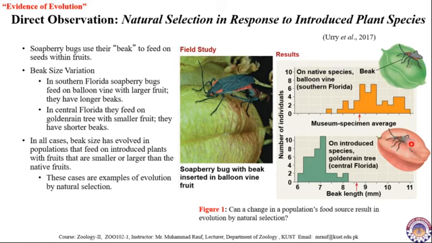So this is an example of evolution by natural selection, where both populations have adapted themselves according to their environment.